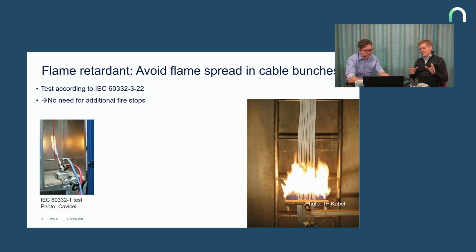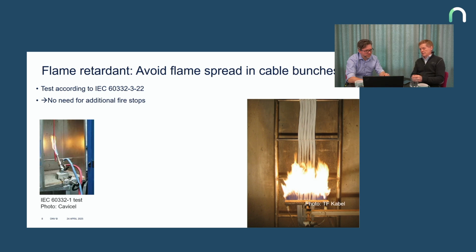But when the cable has passed the IEC 60332 part 3-22, 3-23, 3-24, etc. bunch test, you don't require these additional fire stops. So that again means when you have the NEK 606 cable, this is fulfilled. You can see in the left picture there, that is a single flame spread test.